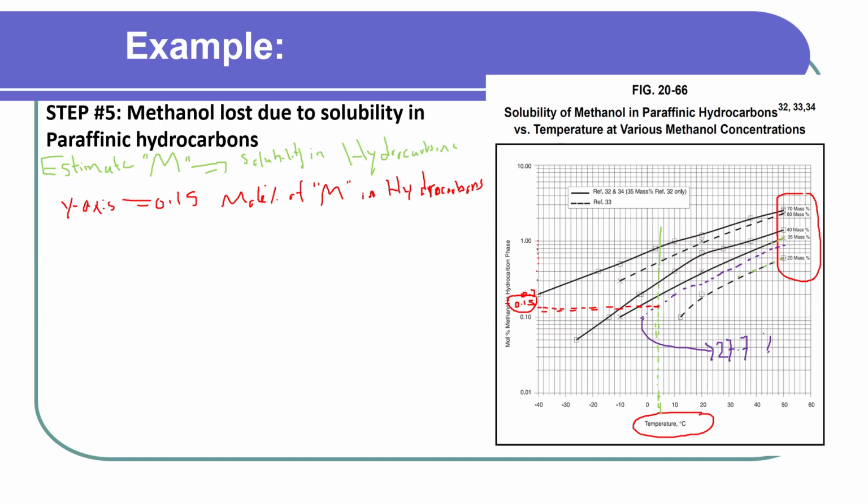Okay, so now we found that the fraction of methanol in the liquid phase, which is the hydrocarbon phase in this case, equals 0.15. So how can we calculate the amount of methanol?